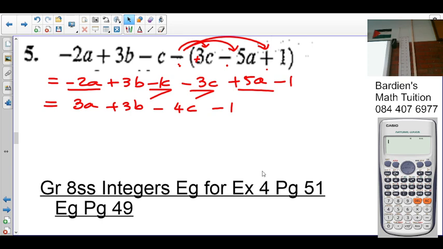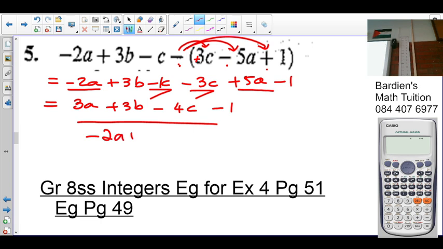Yes, Michael. Yes? She's asking if you've got negative 2a plus 3b minus c plus 3c minus 5a plus 1. Are you saying that, or without the positive?